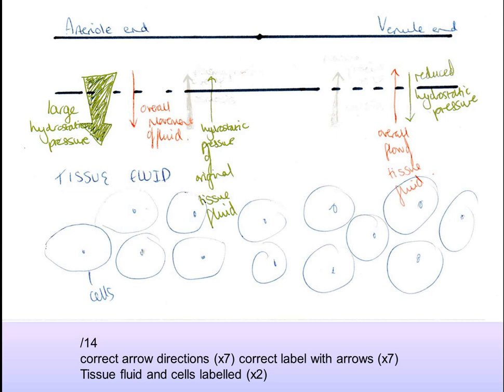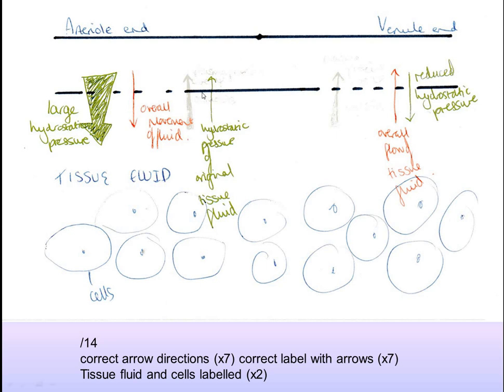Okay, so an overall diagram just to explain tissue fluid formation. As you go from the arteries to arterioles to capillaries, the vessels get smaller and smaller, and that creates a large hydrostatic pressure at the arterial end of the capillary. There are two opposing forces: the osmotic pressure of the proteins, which are trying to pull the fluid back in, and also a slight hydrostatic pressure from the existing tissue fluid that's already there.